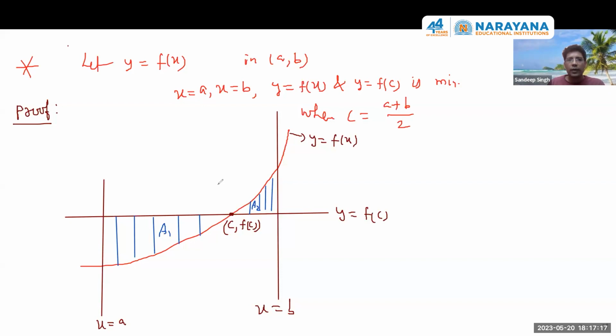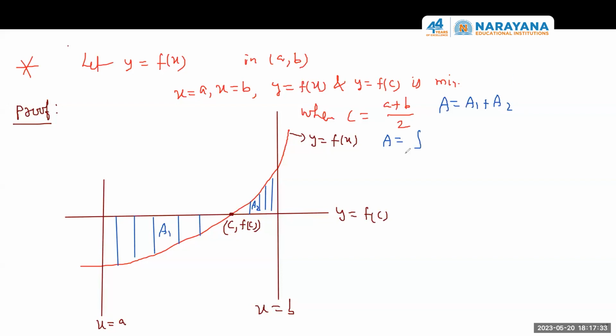So A equal to A1 plus A2. All of you agree with this or no? Yes, sir. What is going to be A1? A1 is the integral from c to b of (f(c) minus f(x)) dx. Correct.